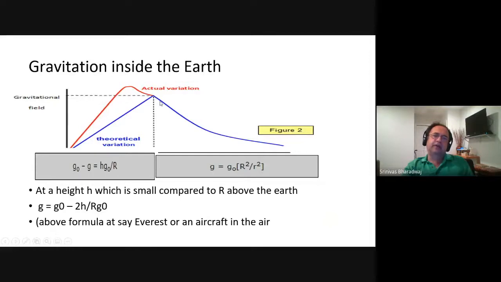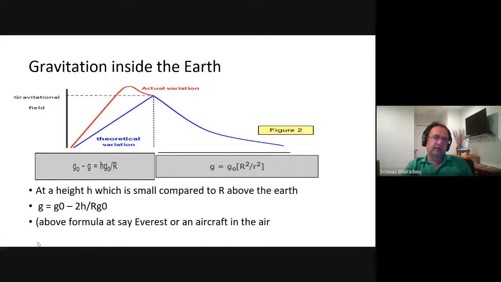If you go much further, of course, it's a curve, a 1 over r square relationship, right? But just right here, it can be approximated as a straight line: g naught times 1 minus 2h by r, the whole thing times g naught.